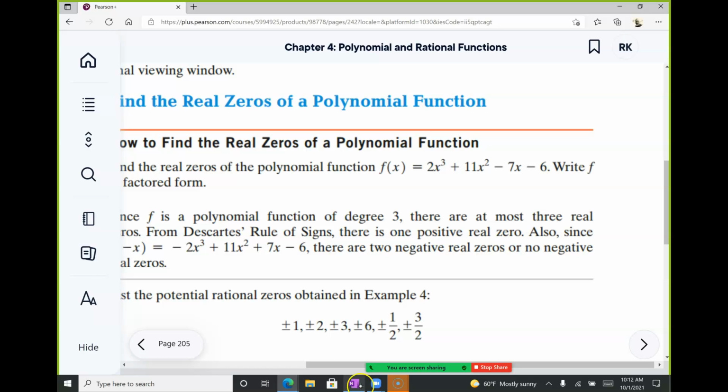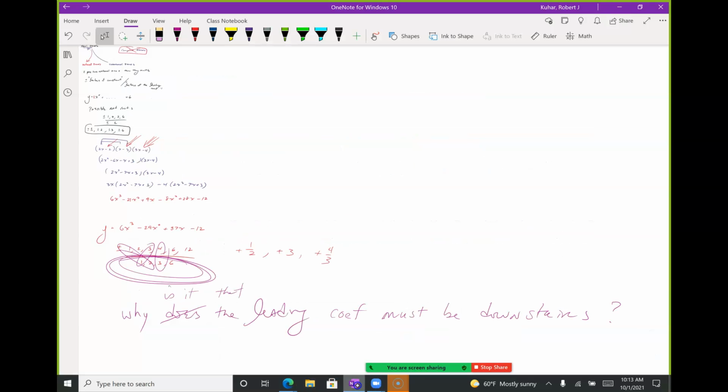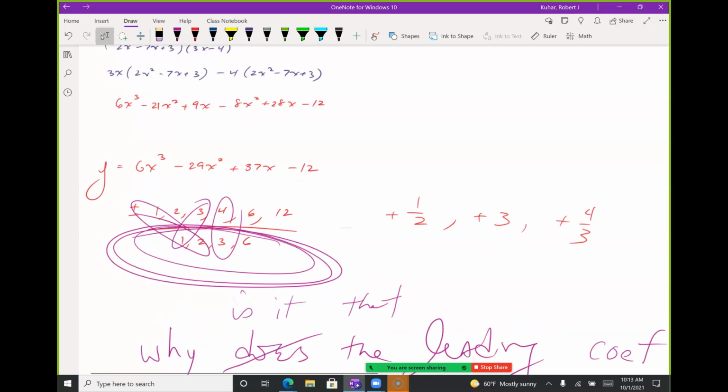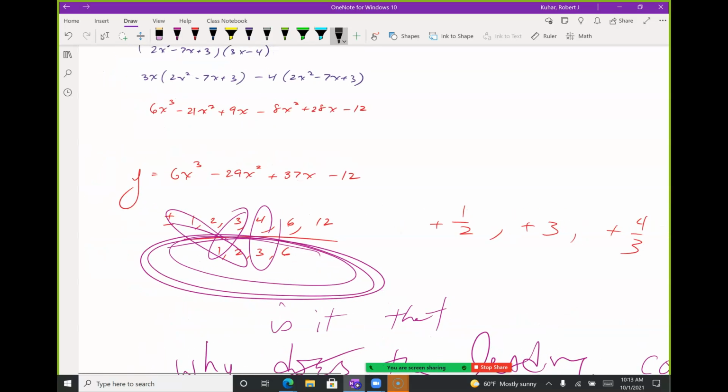So if I'm looking at this problem here, it tells me how many positive roots, or plus 2 more positive roots.